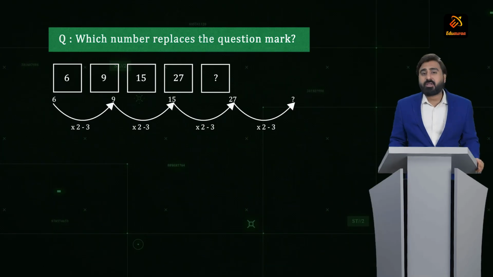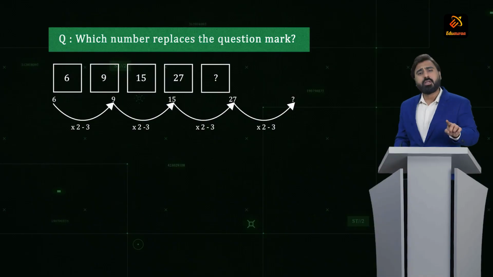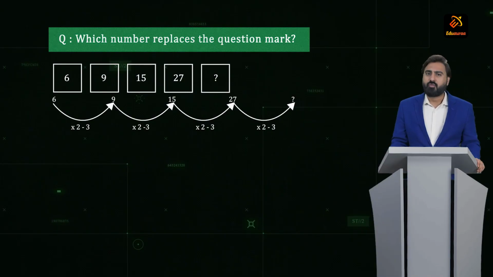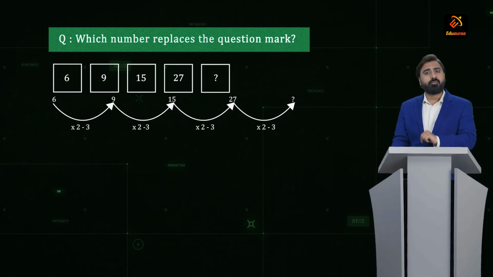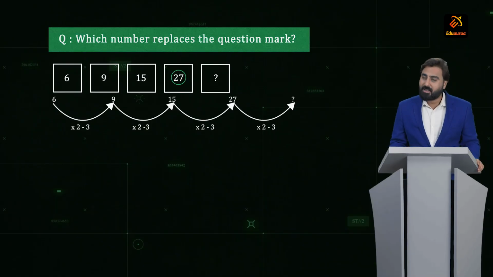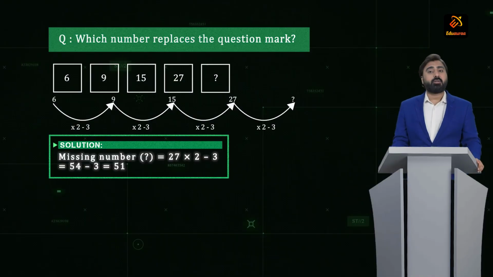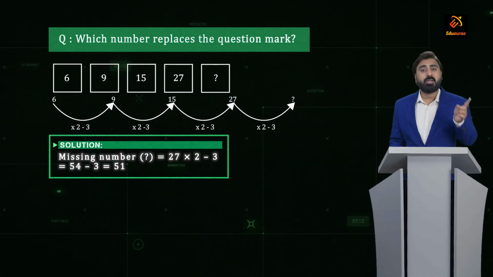If we subtract 3 from it, do we get 9? Yes. What is double of 9? 18. Subtract 3 from it, do we get 15? Yes, it is in front of you. Double of 15 minus 3. 30 minus 3, 27? Yes. Double of 27 is 54. Minus 3 is the missing number.